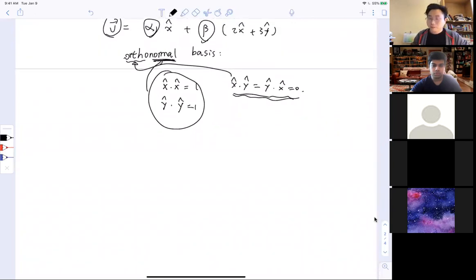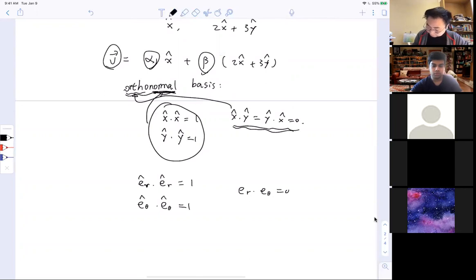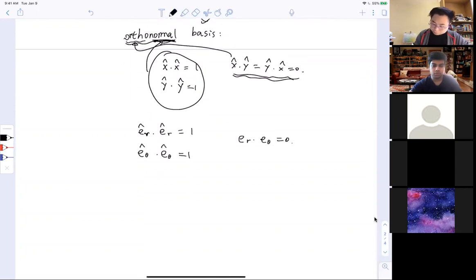Okay, so talk about orthonormal basis. In polar coordinates, similarly we have e_r dot e_r equal to 1, e_theta dot e_theta equal to 1, and e_r dot e_theta equal to 0. This is also orthonormal.